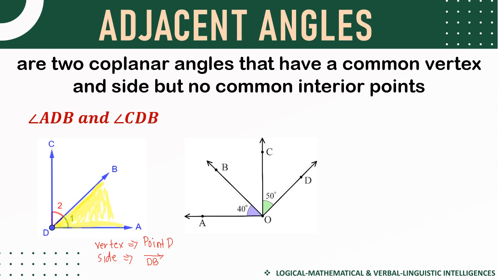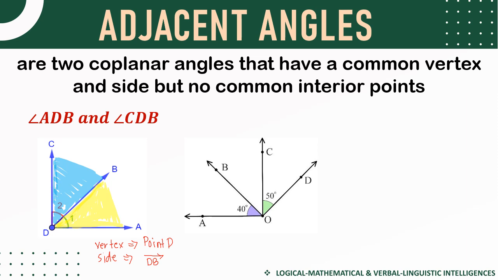So this is the interior of angle 1, while the interior points of angle 2 would be this one, the spaces or points in between the two arms, ray DC and ray DB.